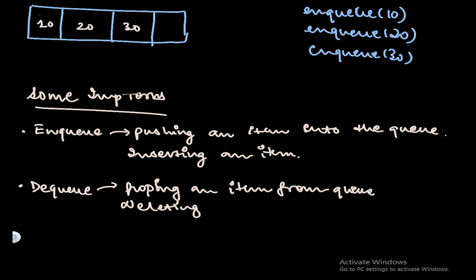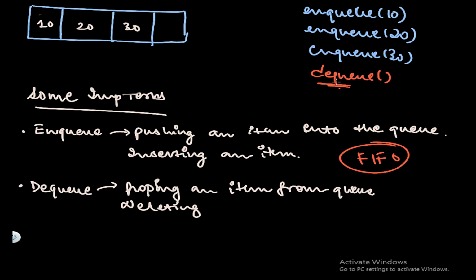Okay, now I'm asked to DQ once. So what will DQ do? I would suggest you pause the video over here and try to think about what DQ will do. I have told you that DQ helps to pop an item from the queue. It means deleting the item. So I already told you that we are following a FIFO manner in queue.